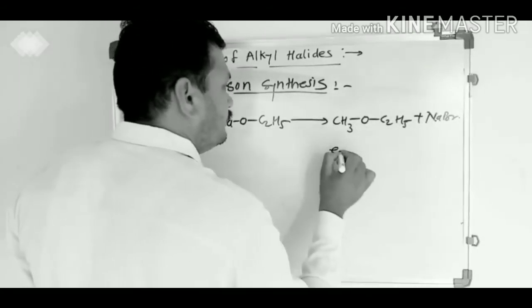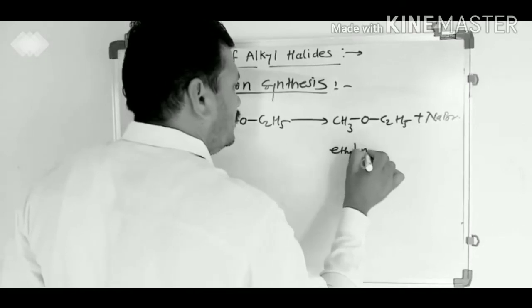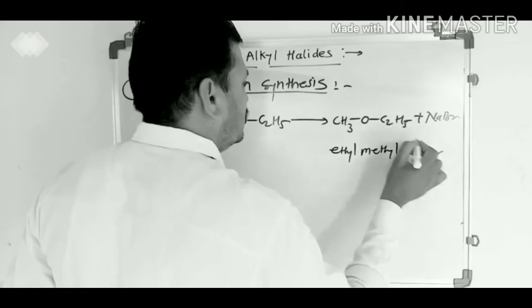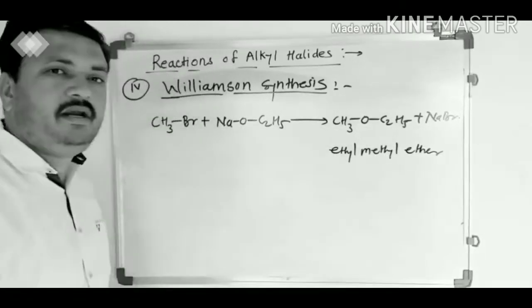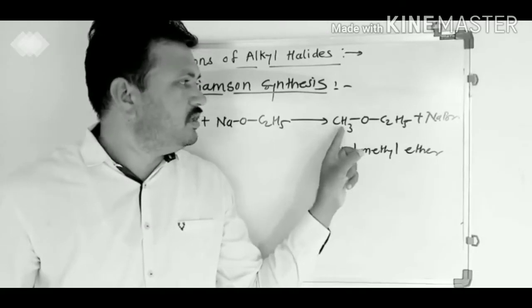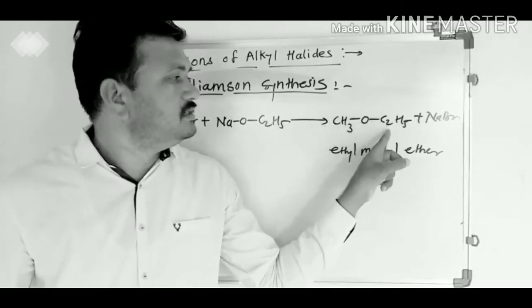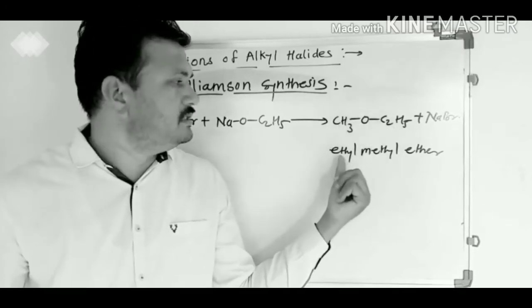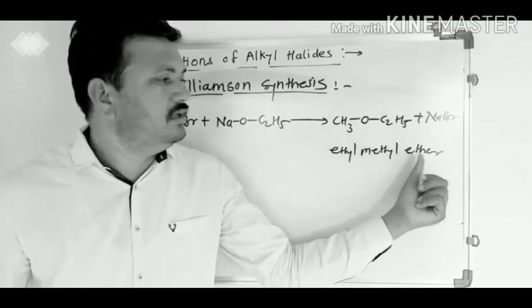It is ethyl methyl ether. It is known as unsymmetrical ether. That means at the one side it is methyl group, at the other side it is ethyl group. It is known as unsymmetrical ether, and its name is ethyl methyl ether.